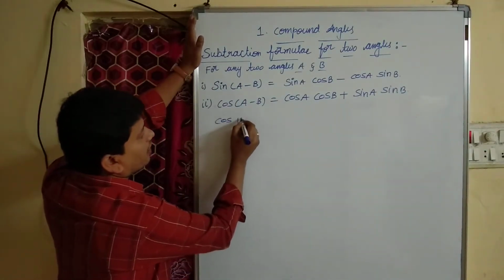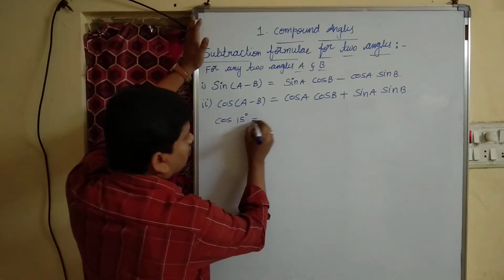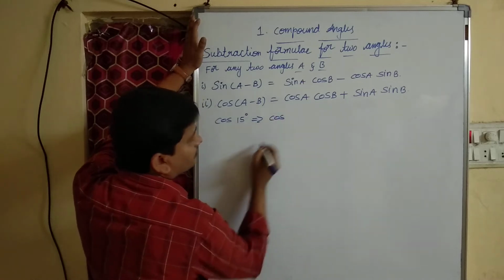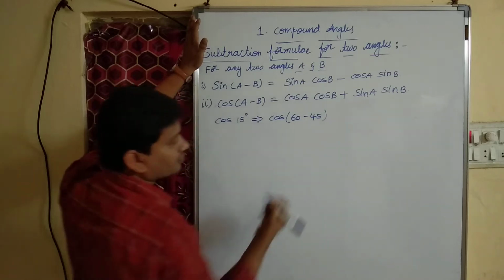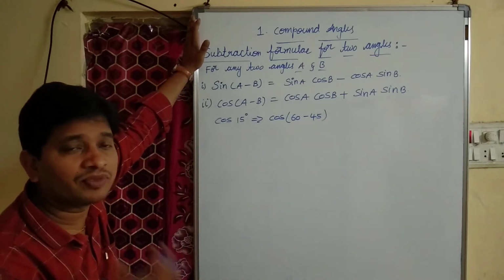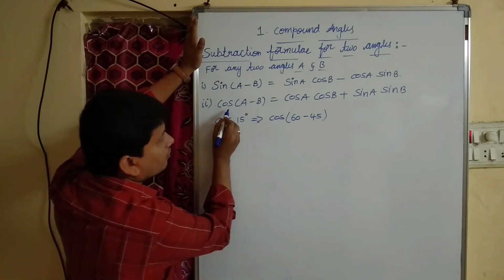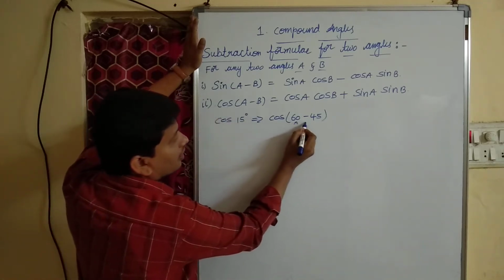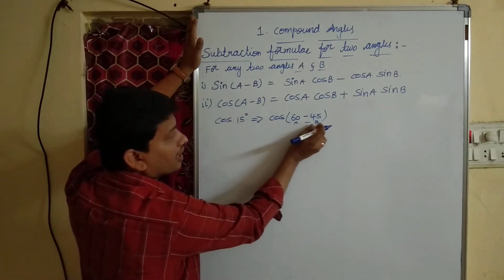Cos 15 degrees, as 15 we can write as cos of 60 minus 45. If you subtract 45 from 60, you will get 15 degrees only. Now, it is in the form of cos(A minus B). What is the formula of cos(A minus B)?